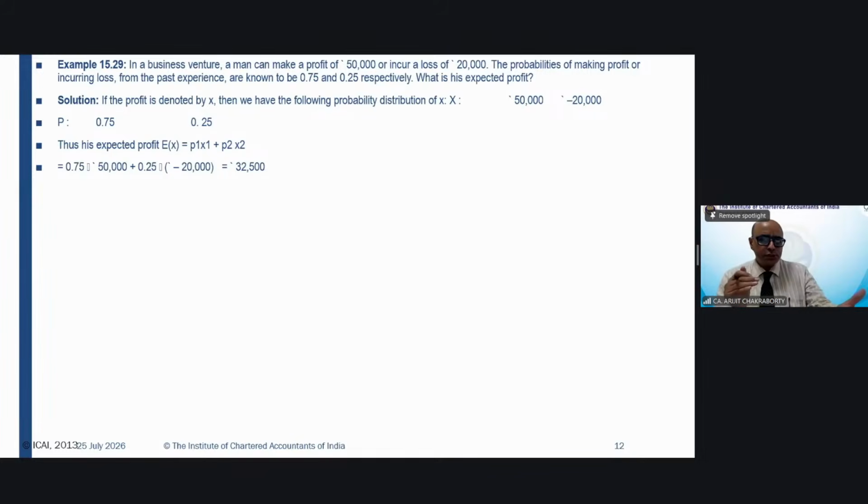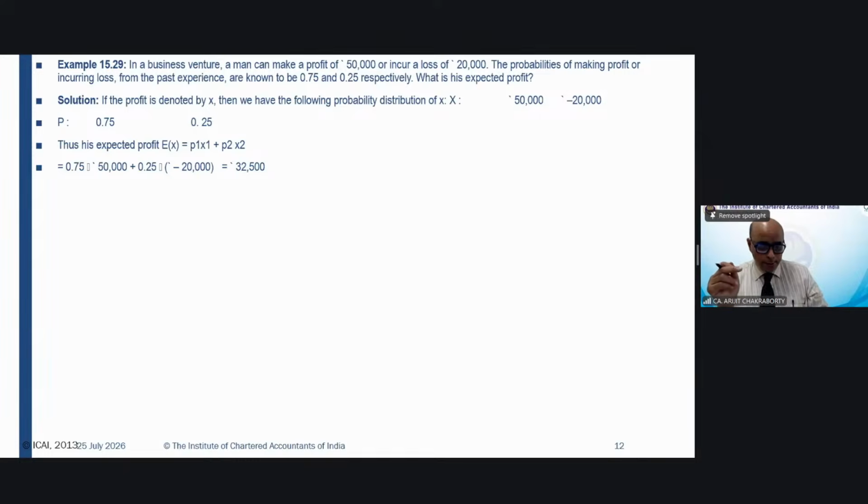If he makes a profit, he will get 50,000. So we are multiplying the probability of profit by the amount of profit. Probability multiplied by amount gives you the expectation. So we have 0.75 into 50,000 plus 0.25 into minus 20,000. Why minus? Because it's a loss.